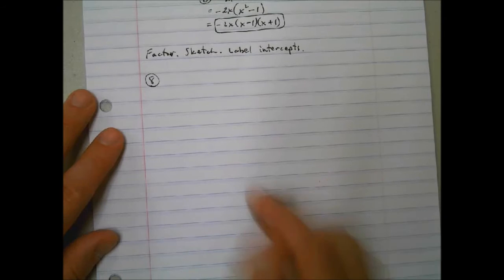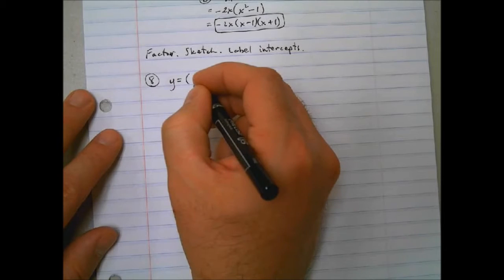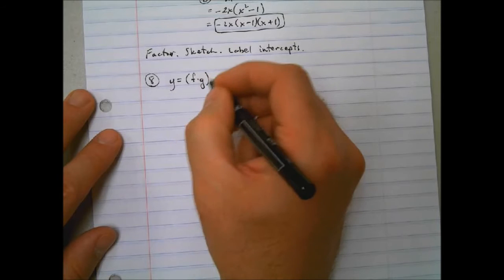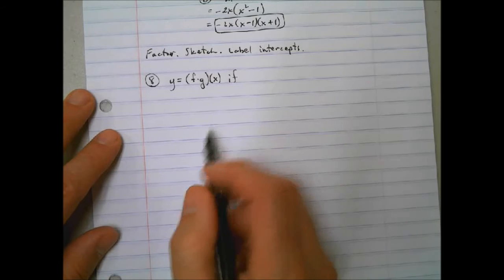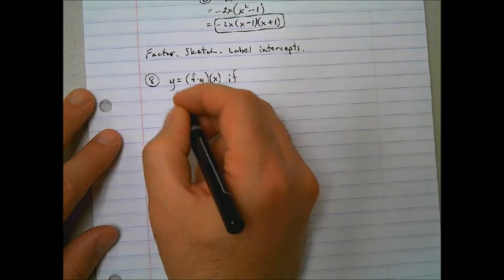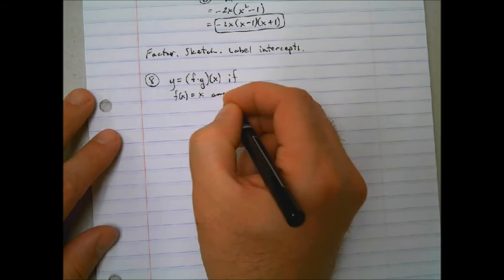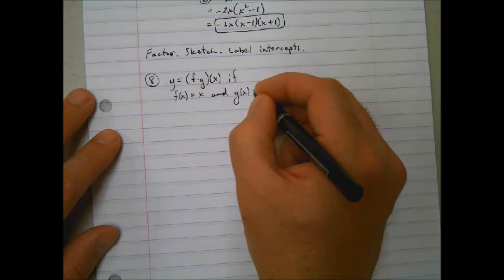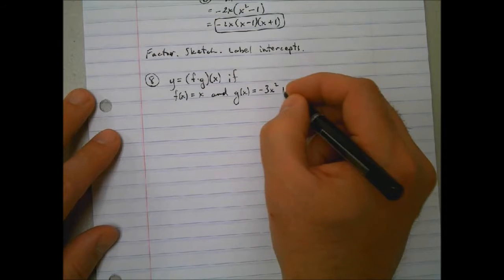Number 8, we're graphing y equals f times g of x if f of x equals x and g of x equals negative 3x squared plus 12.